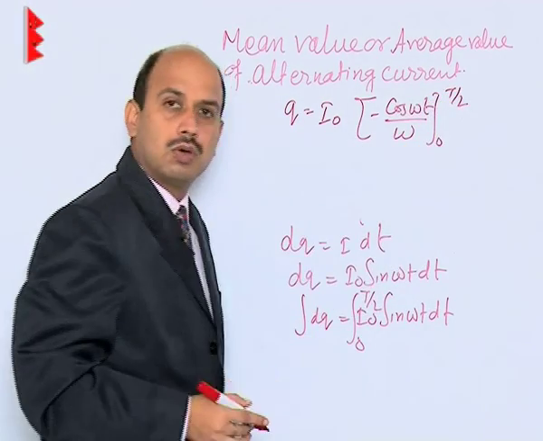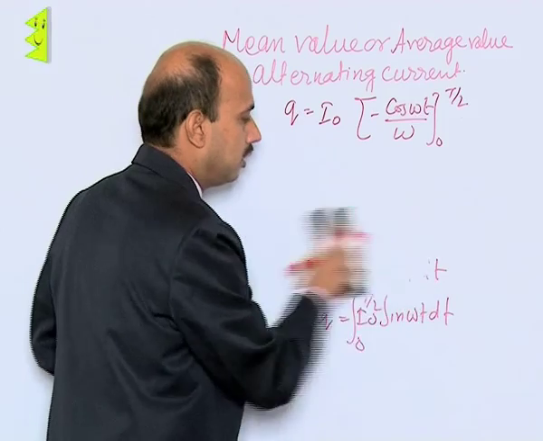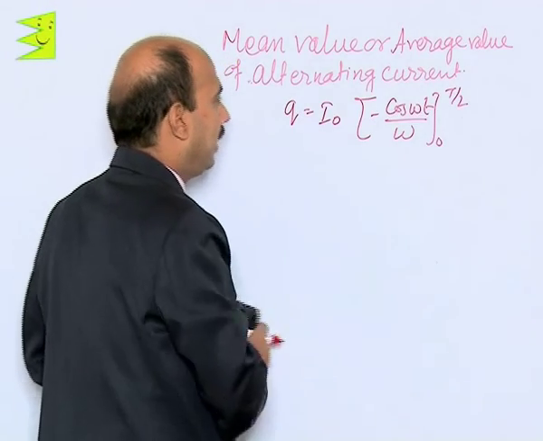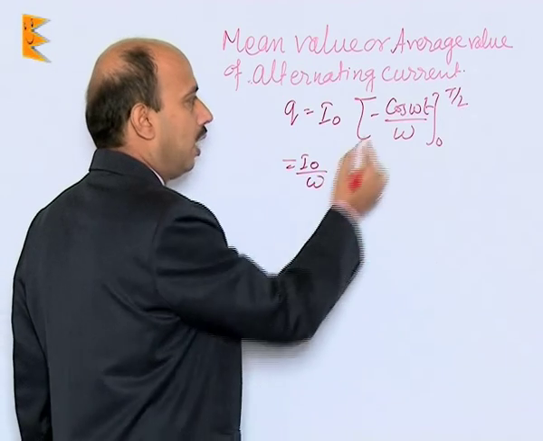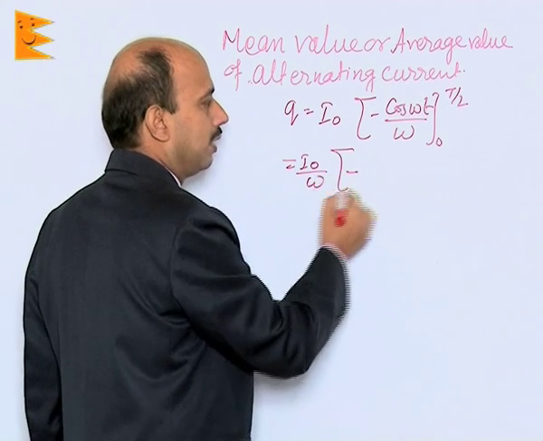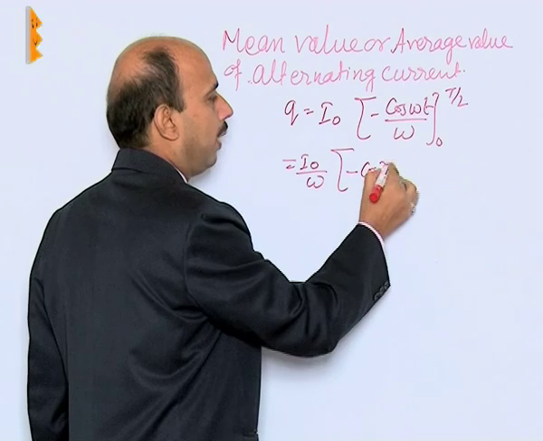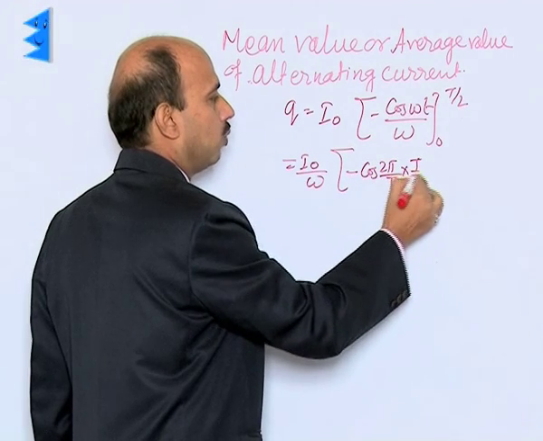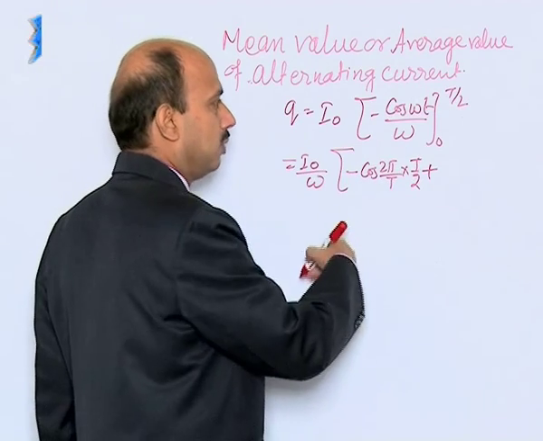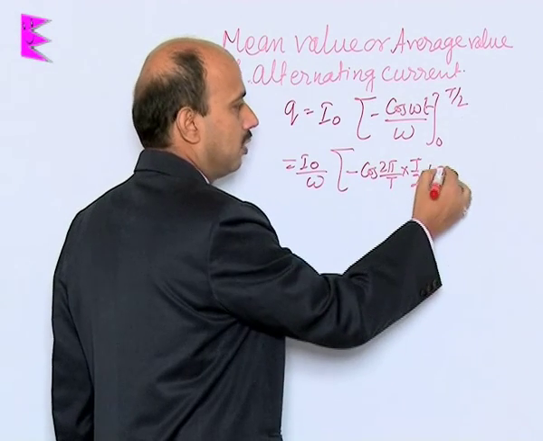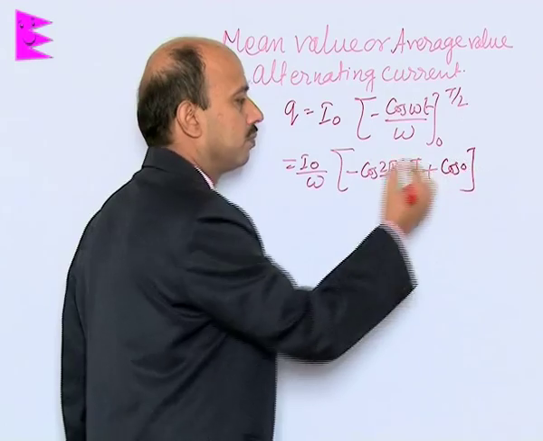Now we can solve it, and we will get I naught upon omega, and here we can write minus cos of 2 pi upon T into T by 2, that is the upper limit, minus the lower limit, plus, because minus minus becomes plus, cos 0.